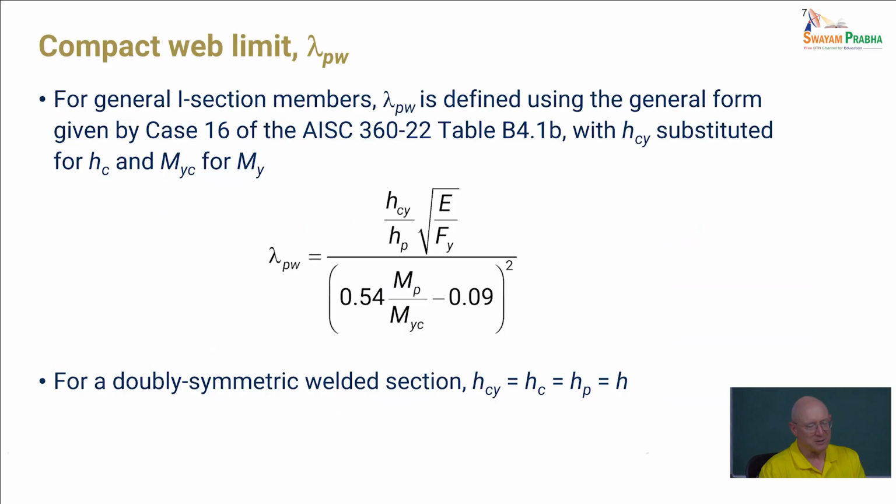Now, along with that, there is an equation that is currently case 16 in the AISC Table B4.1b. That is a more general equation for a plastic, or compact, web limit. If you compare it to the equations in Eurocode for a class 2 web, it is a fairly reasonable approximation of what you get with the Eurocode equations, but it's a little more succinct.